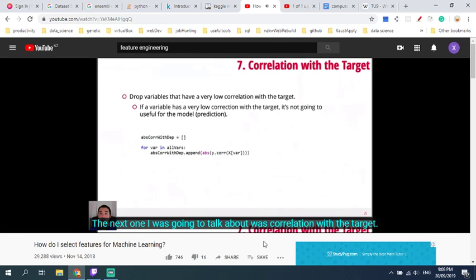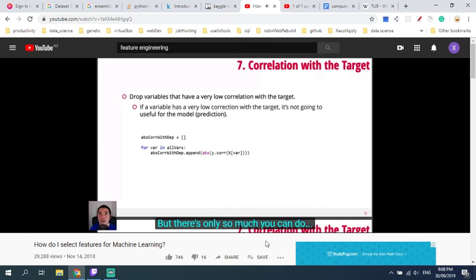The next one I was going to talk about is correlation with the target. So if a variable, aka feature, has a very low correlation with the target, then you can probably drop it. Now, like any of these techniques, this can miss a useful feature because there might be a feature interaction such that variable A does not correlate with the target, variable B does not correlate with the target, but variables A and B together, if you turn them into a combined feature, then they do.